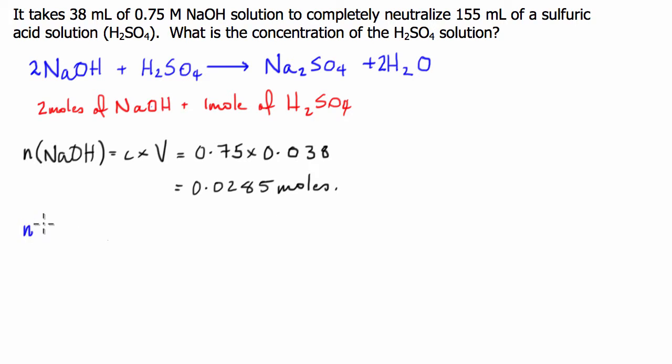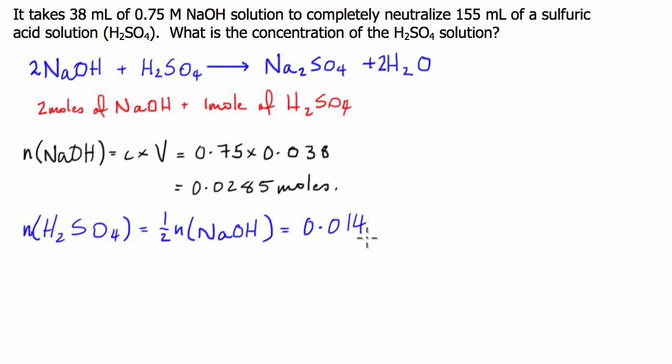So the number of moles of H2SO4 is going to equal half times the number of moles of NaOH, which is equal to 0.01425.